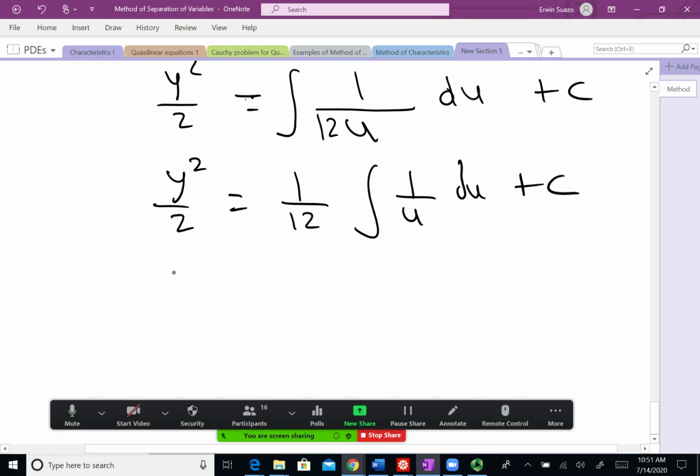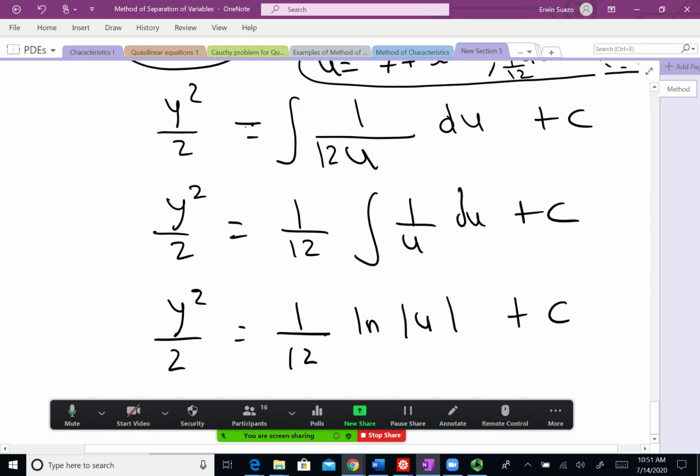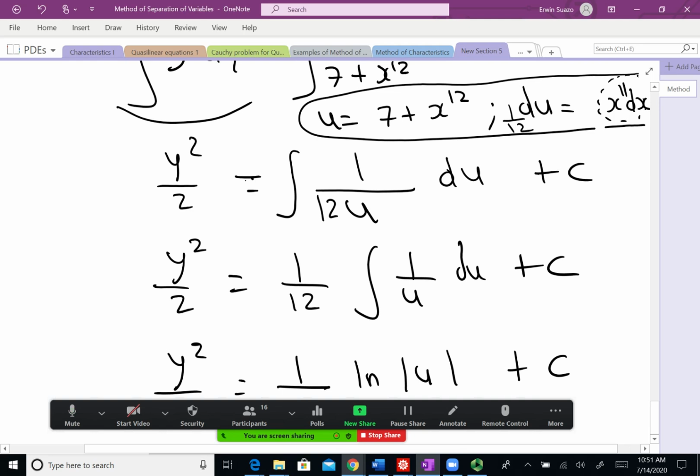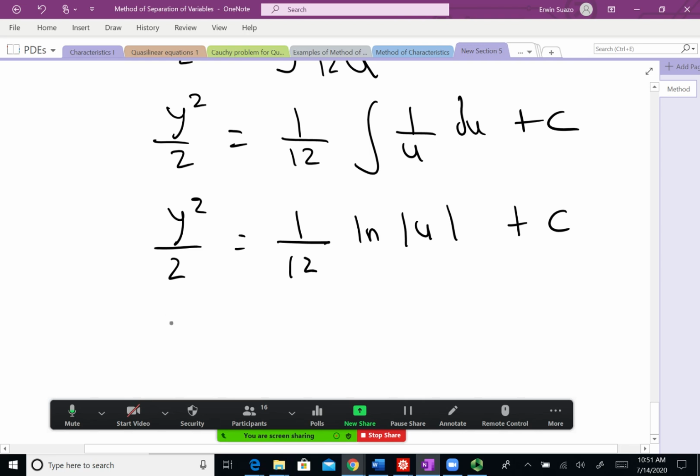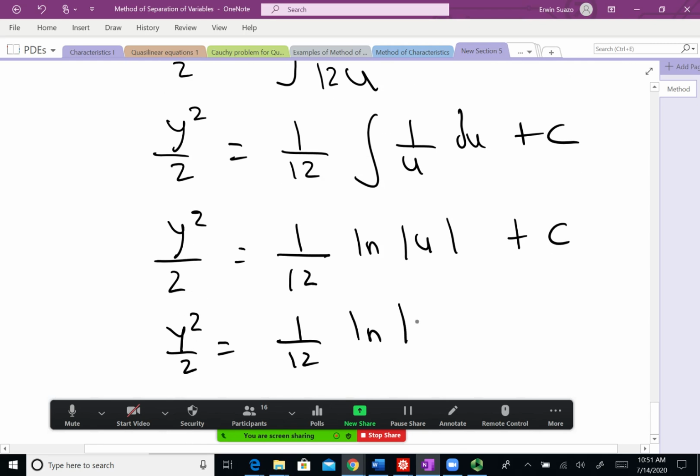ln of u, yeah. So we'll get y squared over 2, 1 over 12 ln of absolute value of u plus c. But then what was u? u was 7 plus x to the 12. So we do y squared divided by 2 equals 1 over 12 ln of 7 plus x to the 12 plus c.